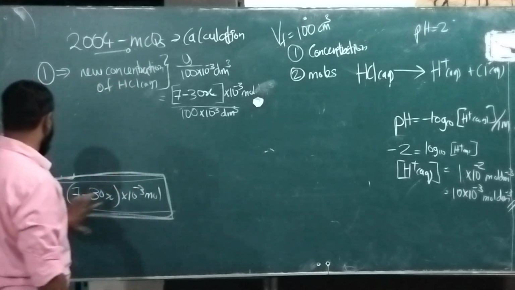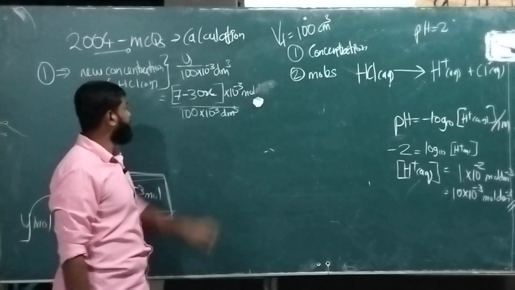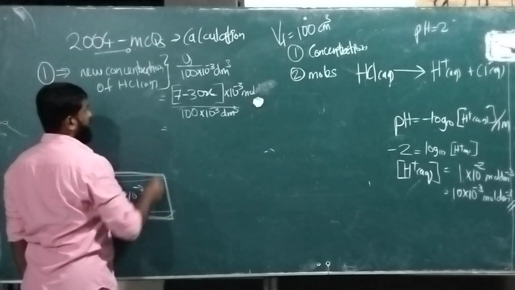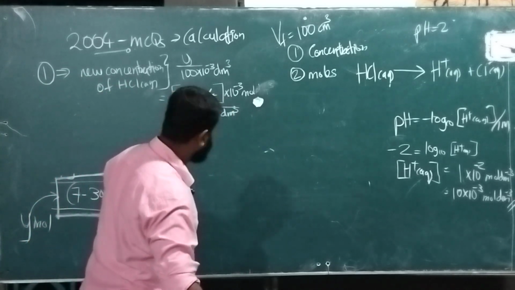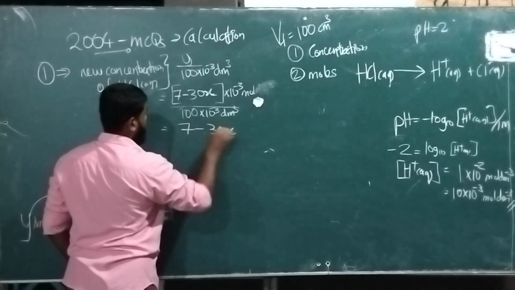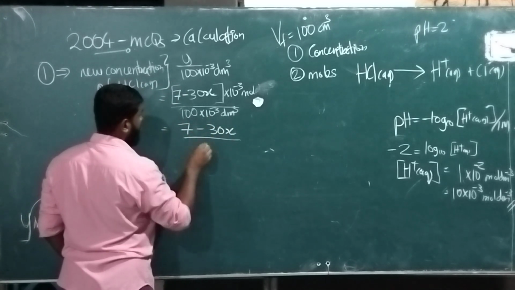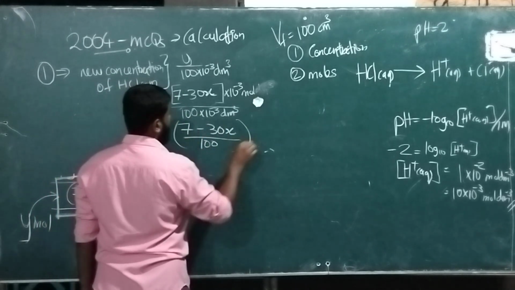So you have the moles, and we're dividing by the final volume. So you will get (7 minus 30x) over 100, capital M.